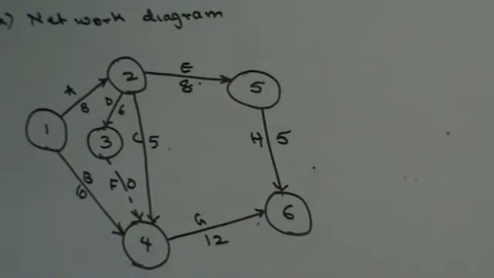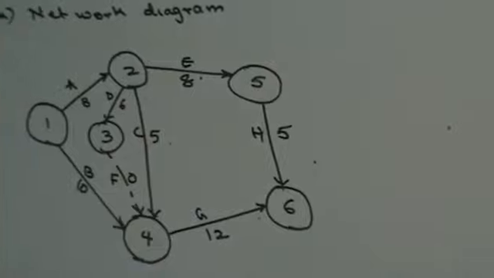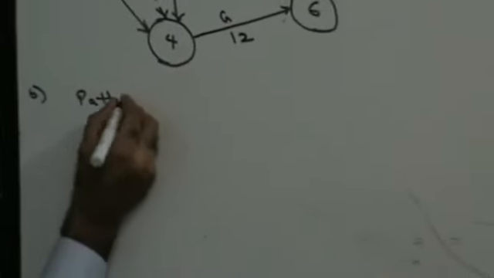Okay. Next thing I have to do is find out all the possible paths. I have to move from 1 to 6. Let us see what are the various paths I have.